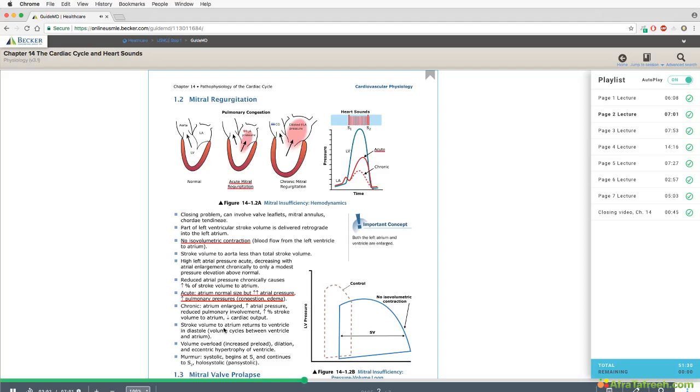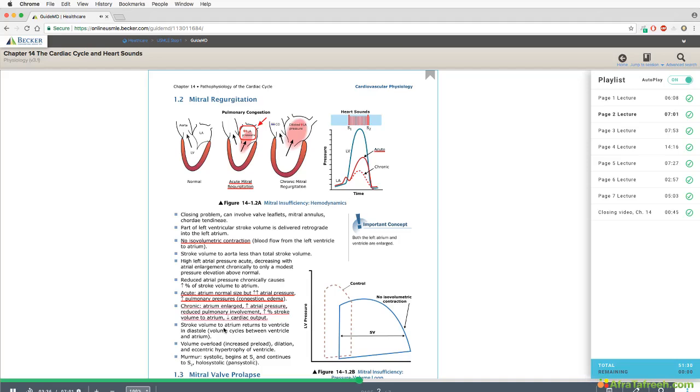Because the atrium has not had a chance to enlarge, when you first pump some blood back in there and the atrium enlarges, it is very compliant. But very quickly, it becomes a stiff structure. And once it becomes a stiff structure, a further increase in volume further increases pressure. So you get a big increase in left atrial pressure, and that pressure can back up into the pulmonary circulation.